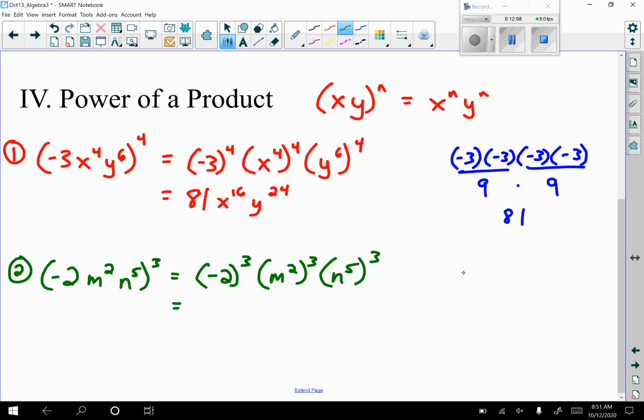Now, when we have a negative 2 cubed, we have an odd amount of negatives here. So this will actually give us a positive 4 times a negative 2, which will give us a negative 8. So when we're raising a negative base to an odd power, it's going to stay negative. So we're going to get a negative 8. Again, multiply the exponents, m to the 6th, and then n to the 15th.